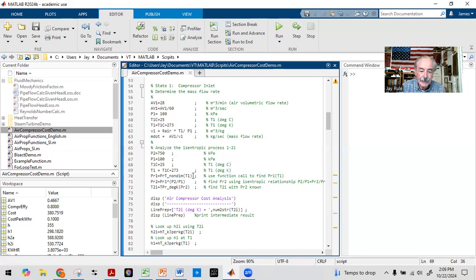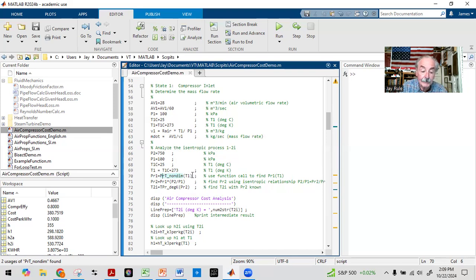And now it's coming back to me on what I'm doing. First thing I'm doing is finding PR1. It's a function of inlet temperature, T1. So I'm calling PR, a function call, PR given T, non-dimensional, with T1 the input.